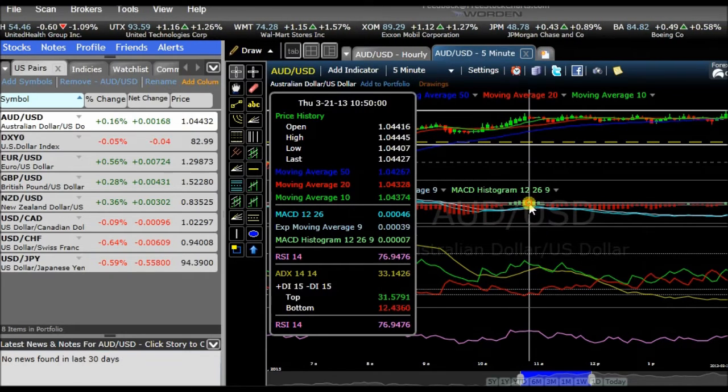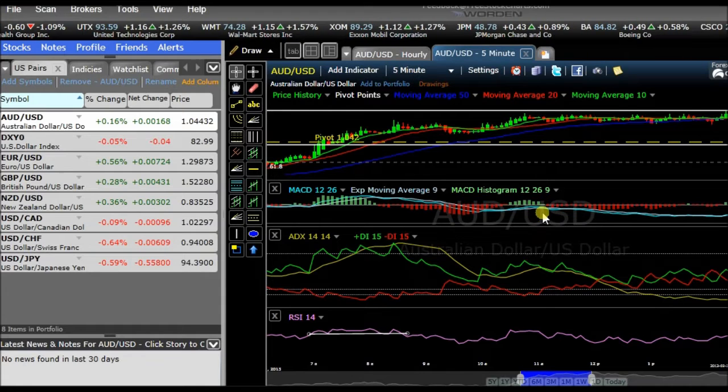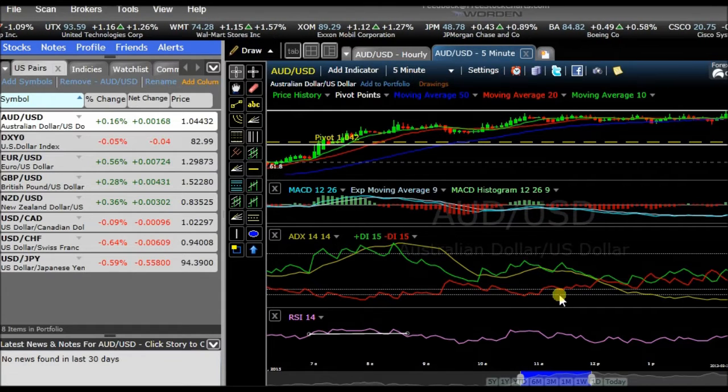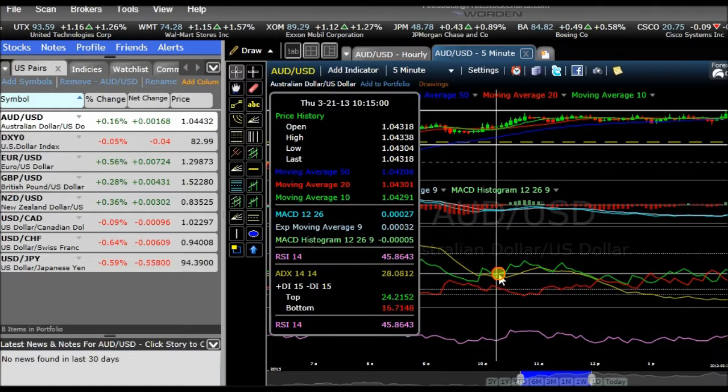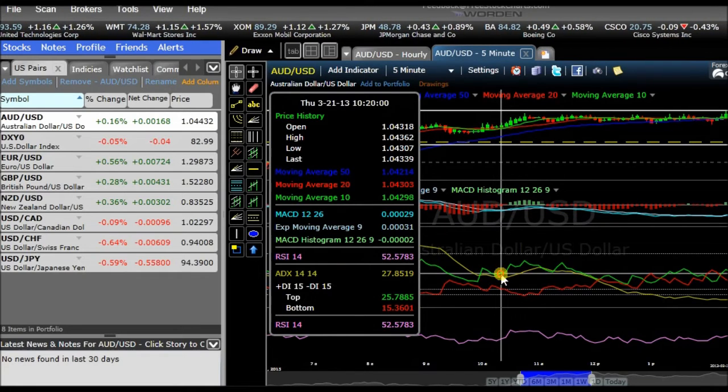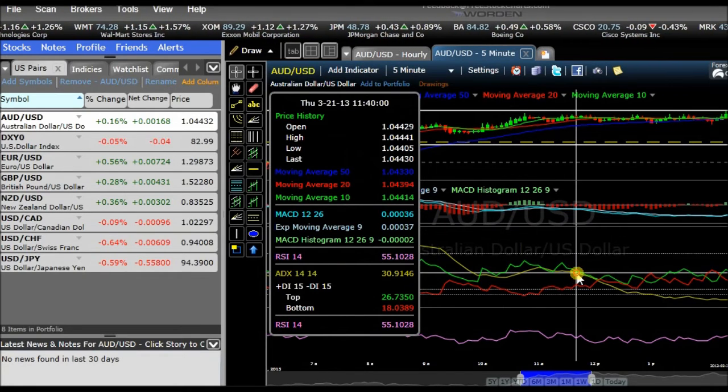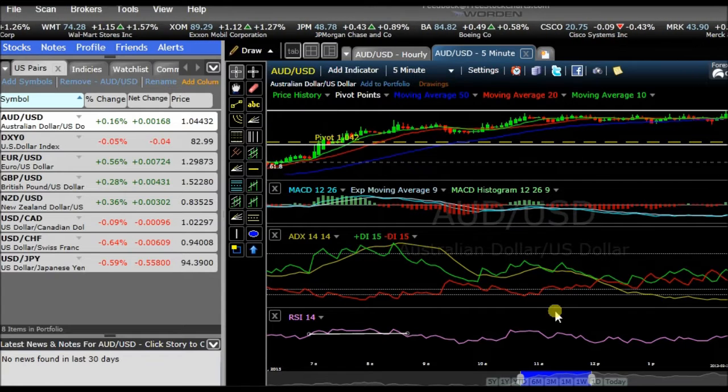Once the MACD histogram starts signaling that it's going down a little bit, you can use that as a signal too. You can also use a signal saying right here, this is the line that doesn't cross. It breaks right here, get out right there.